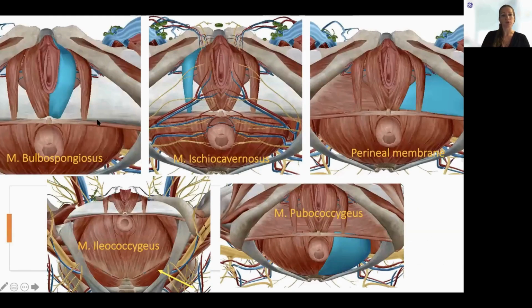Here I will show you some images of the muscles I mentioned before. Here we can see the bulbospongiosus muscle, which is in blue. We can see the ischiocavernosus muscle, the perineal membrane, and here we find the iliococcygeus muscle and the pubococcygeus muscle.